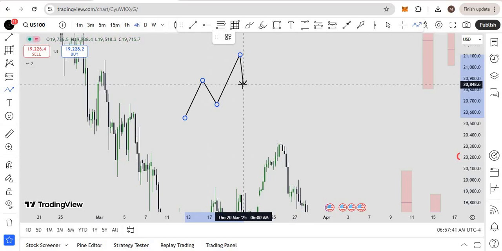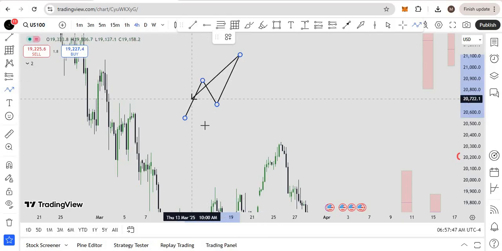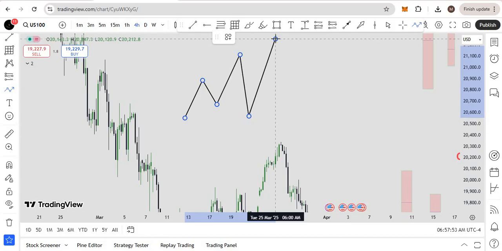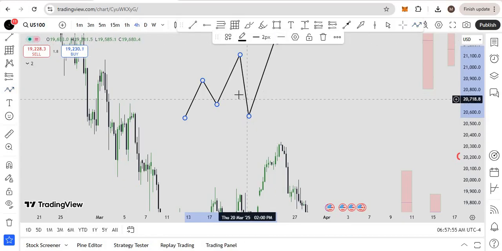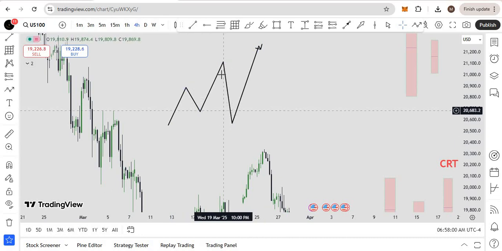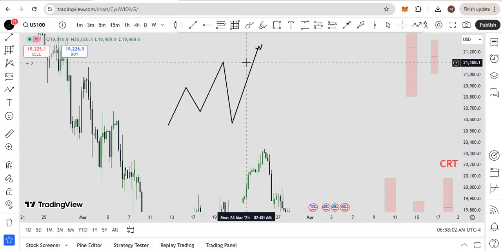I will explain later in the coming videos what the structure CRT is. That one structure got swept and then that structure high is your target. I hope you understand what that means. If one structure is swept, then that structure leg will be your target.